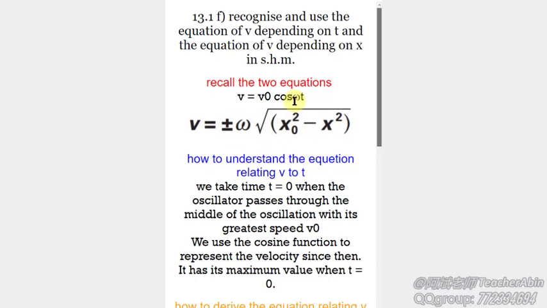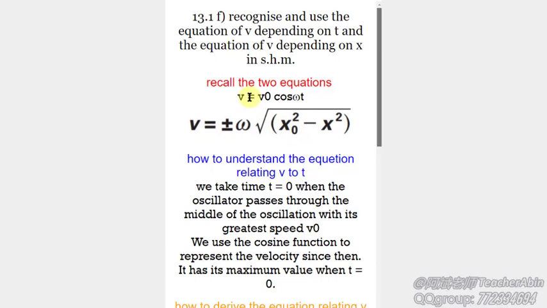Omega, the same as this omega, is the angular frequency. x is the displacement of the oscillator, which is defined as the distance from the equilibrium position. And x sub 0 is the greatest x, so it's also the amplitude.